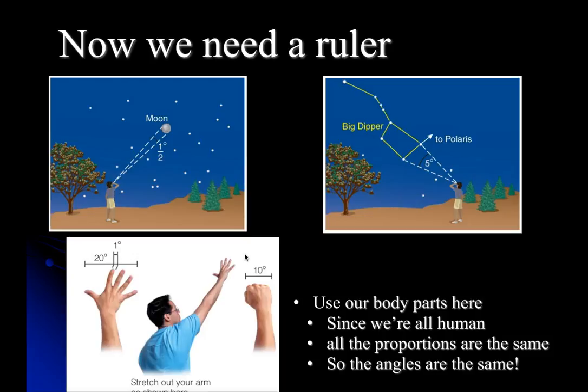If you spread your hands out, as indicated here, from your thumb to your index finger, that's about 20 degrees. A closed fist is 10 degrees, and each one of your pinkies is 1 degree. And your thumb is about 2 degrees. In that way, you can describe where in the sky you're looking.